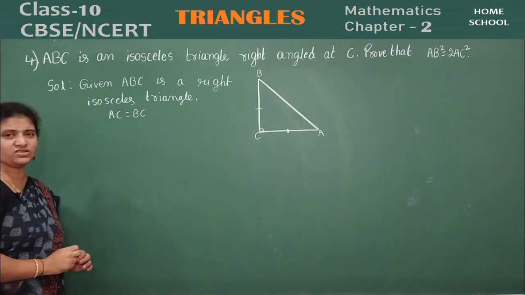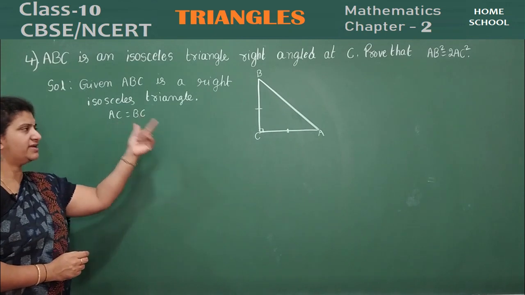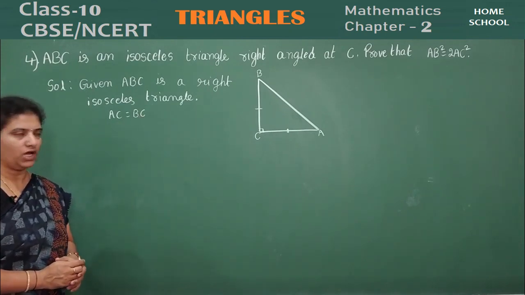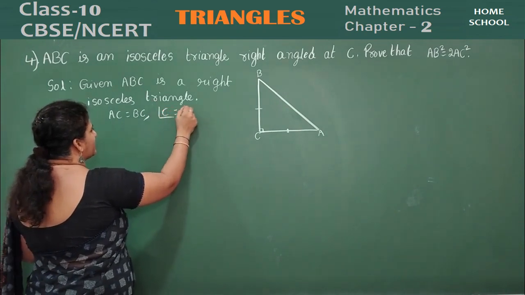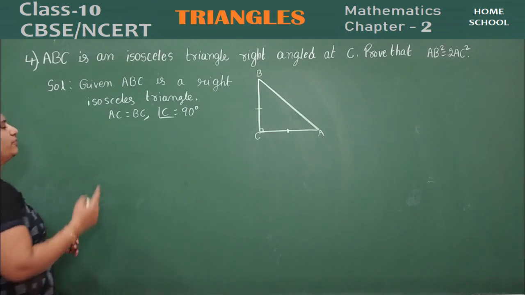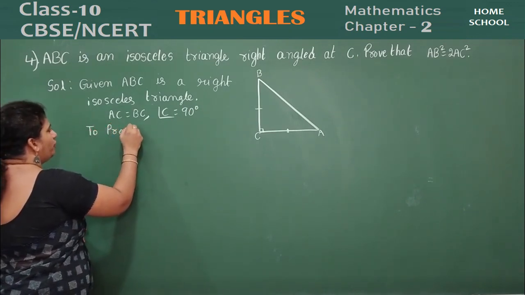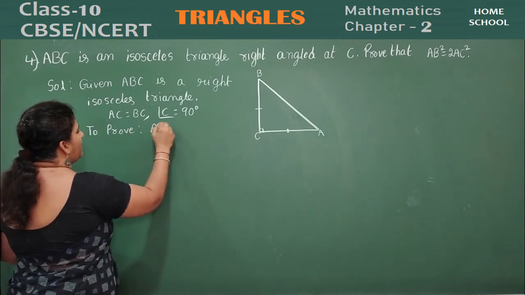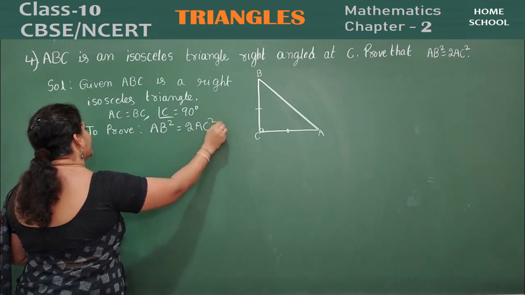If this is an isosceles triangle, two sides are equal. Which two sides are equal? AC equal to BC. Okay, and it is right angled. Angle C is equal to 90 degrees, right angled at C, given. Prove that, to prove AB square is equal to 2AC square is your question.